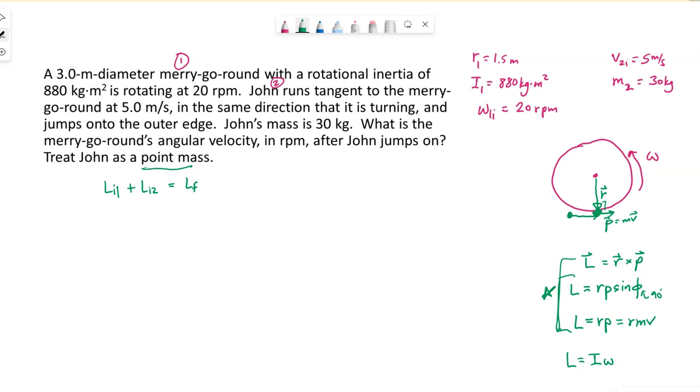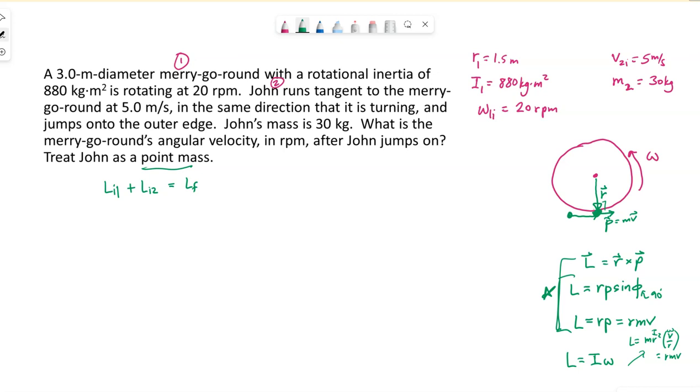For John, the I would be mr squared. Omega would be v over r. This becomes RMV. So it simplifies down to the same thing. So this would be I omega. It simplifies down to RMV when we're treating anything as a point mass.